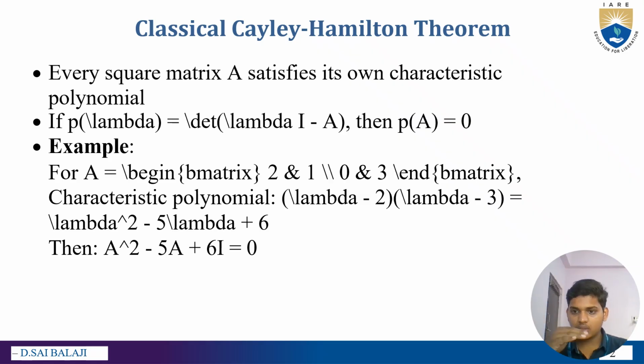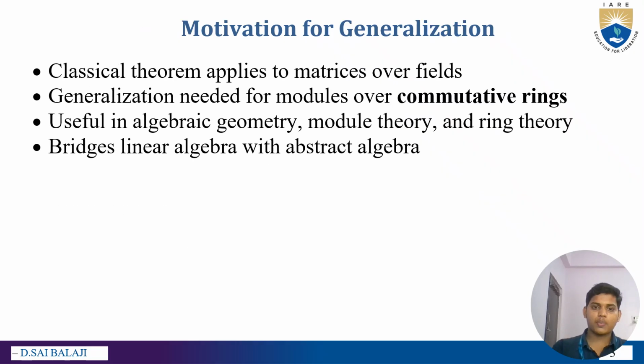Whenever we state the polynomial equation, we have to get the characteristic equation. While solving that characteristic equation, the matrix A itself should satisfy the equation, whatever the value of lambda may be. That means the equation should be equal to 0.